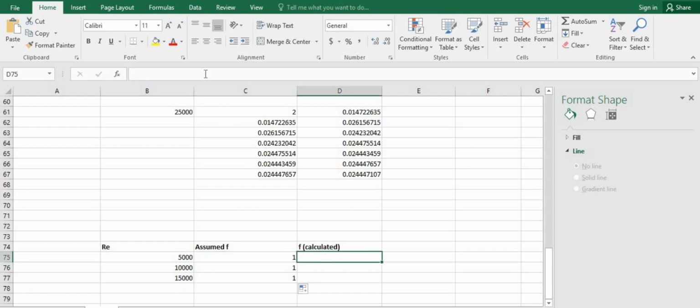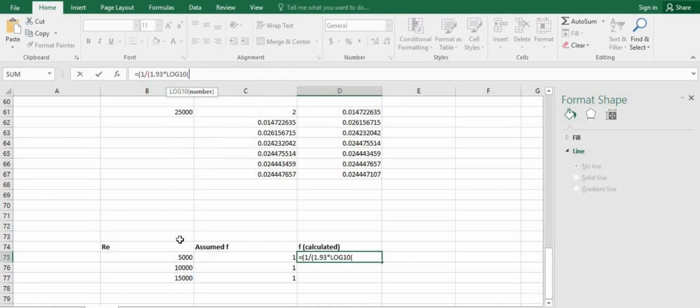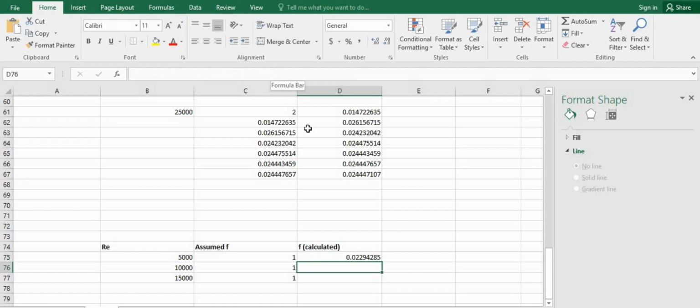For the calculated, you insert your formula here, 1 divided by denominator, which is 1.93, multiplied by log to base 10 of the Reynolds number, multiplied by the assumed value of f raised to the power of 0.5, close this, minus 0.537, you close this also, and you close the first bracket, and then take it all to the power of 2. So you press enter and you have your value.